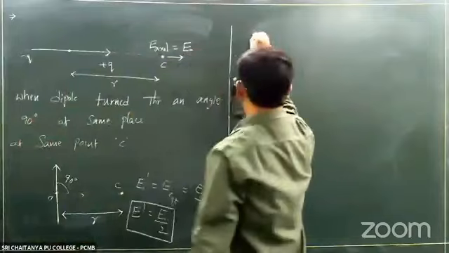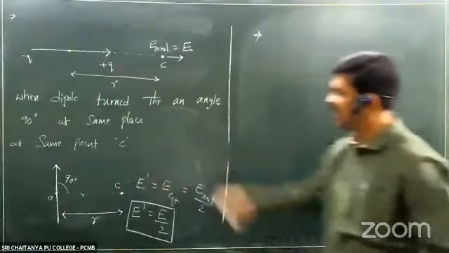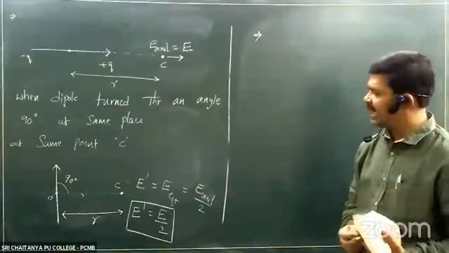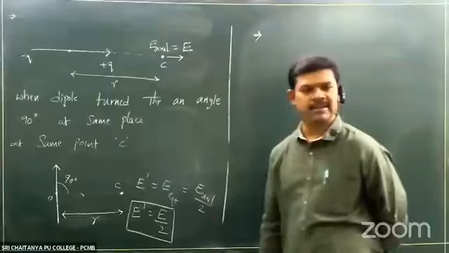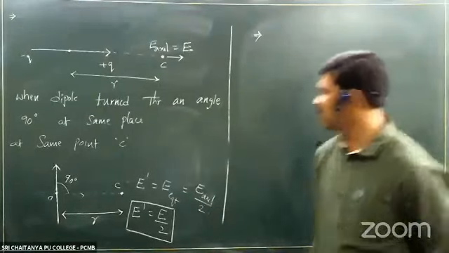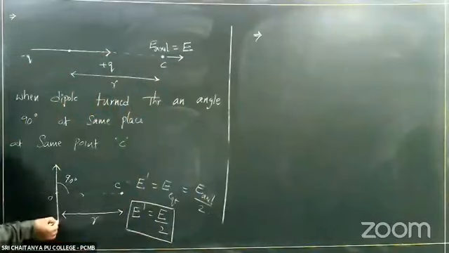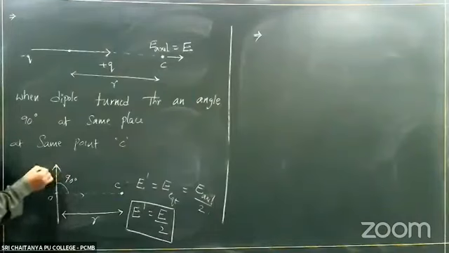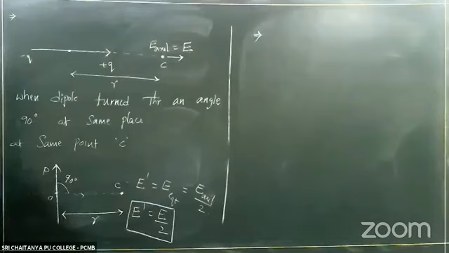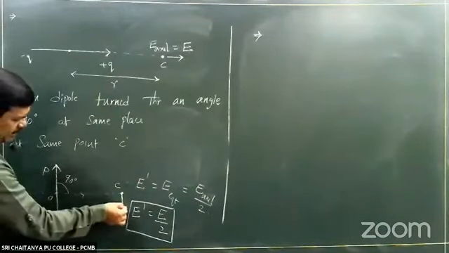Next, in the same case, how are the directions of E dash and E related? If you represent the dipole with an arrow, the arrow is the dipole moment direction. Once this point is on the equatorial line, the direction of the intensity E dash is opposite to the dipole moment.